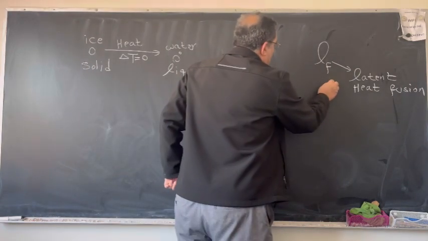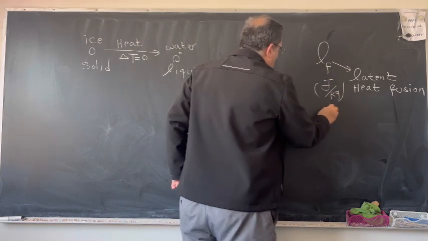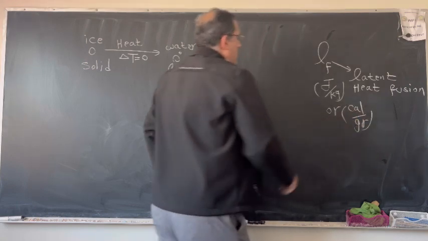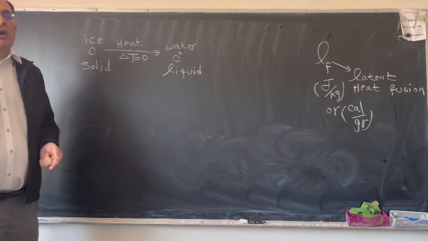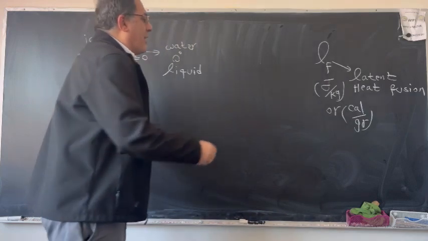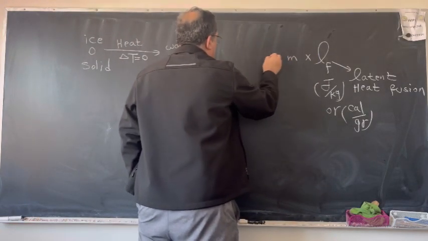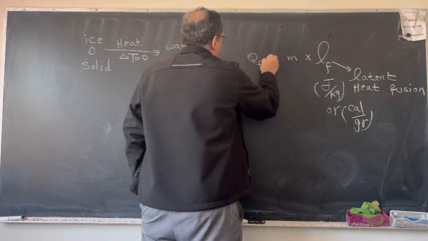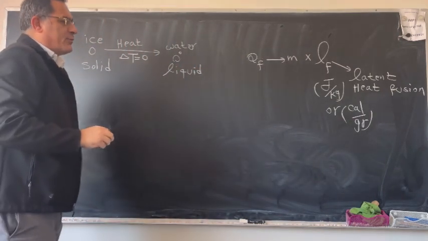The unit of this one is joules per kilogram or calories per gram. This is for 1 kilogram of ice, or 1 gram of ice. If you have 5,000 kilograms of ice in this room, you have to multiply by the mass. So QF is M LF. QF equals M LF.